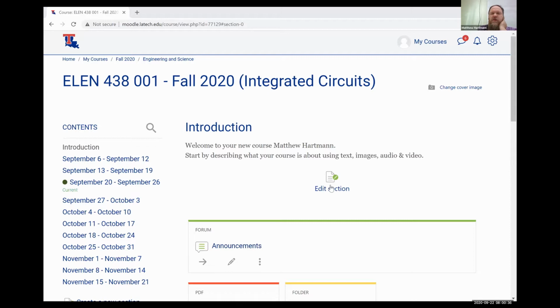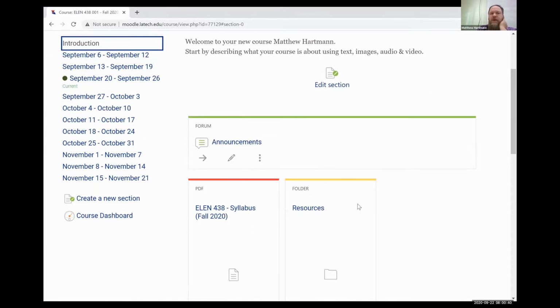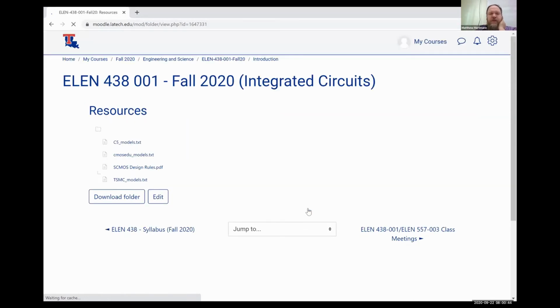I wanted to make you all aware that I've uploaded some files in a folder in the introduction section called Resources. This folder contains 4 files, one for the On Semiconductor C5 process, which is what we designed to last year.